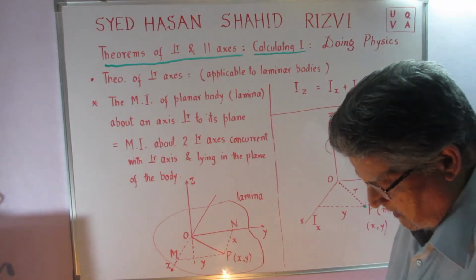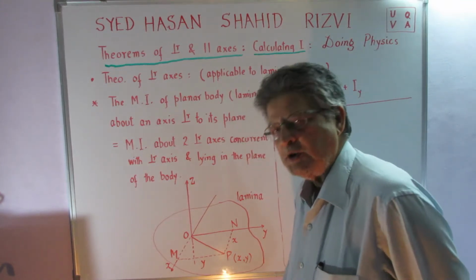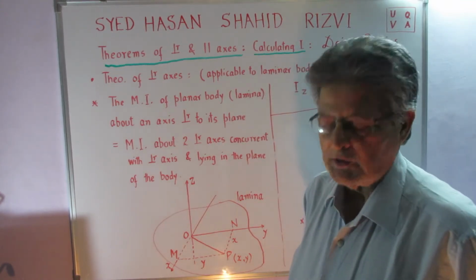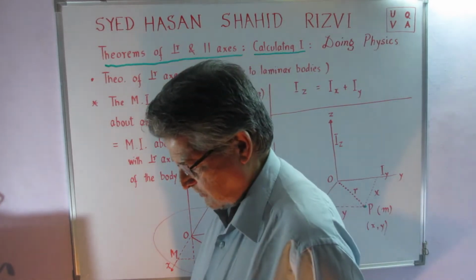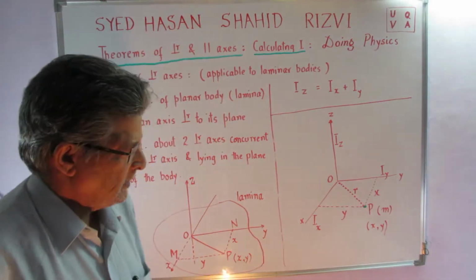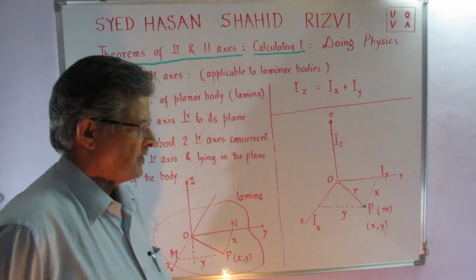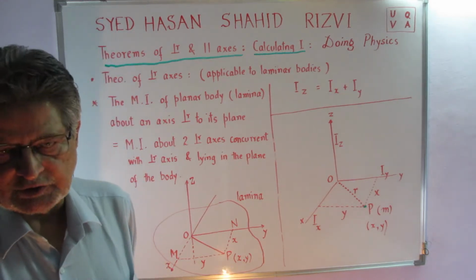Today I will introduce to you a couple of theorems which are of use to us, and by using these theorems we are able to calculate the moment of inertia about several other axes.